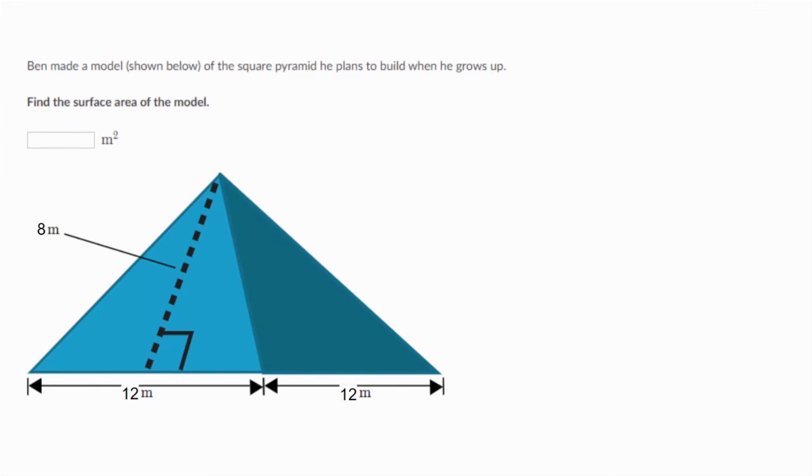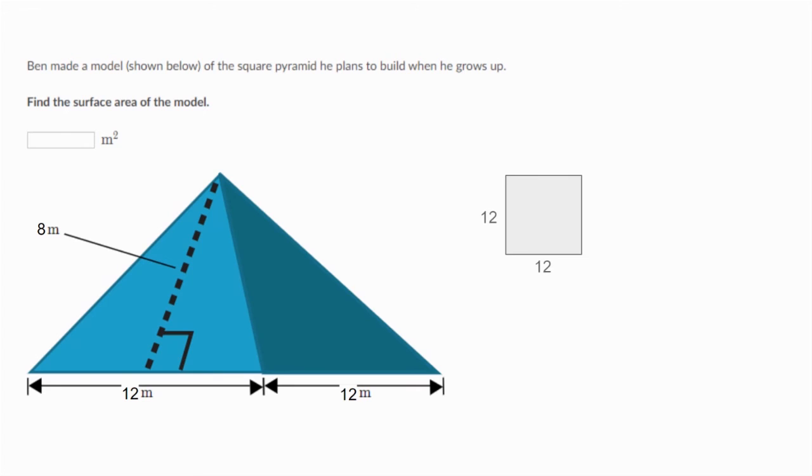Ben made a model shown below of the square pyramid he plans to build when he grows up. Okay, well, so Ben isn't grown up. His picture does not use perspective drawing. So we know it's a square pyramid because it says so right here in the actual problem. So when I draw my net, I'm going to start off by drawing a square and as a pyramid, all the little faces are going to be triangles.